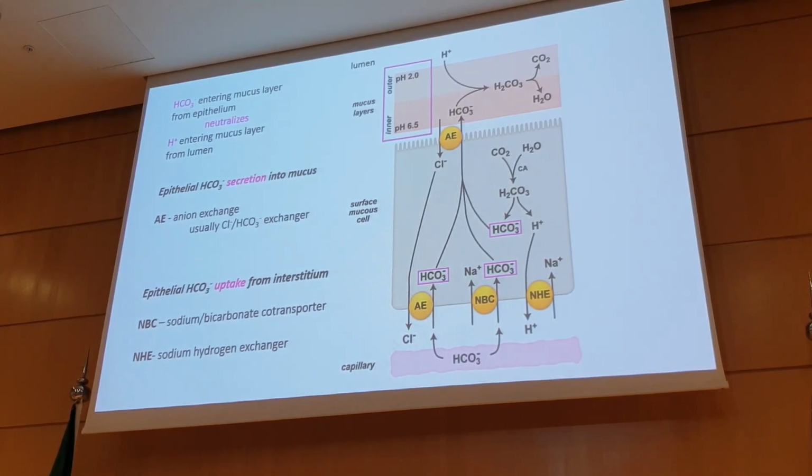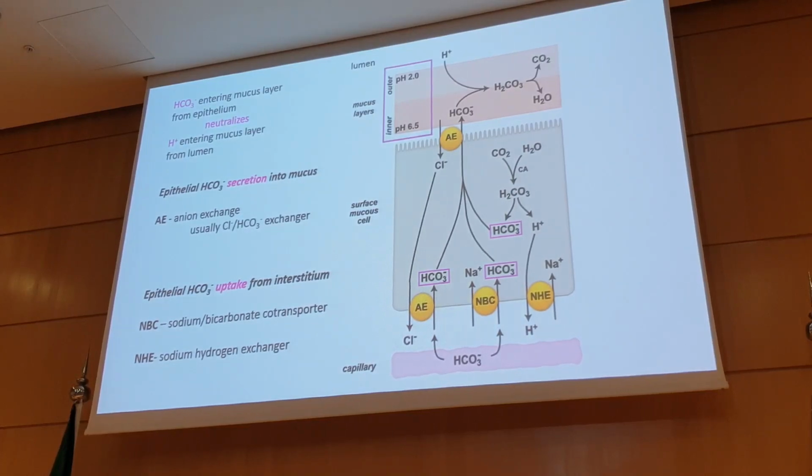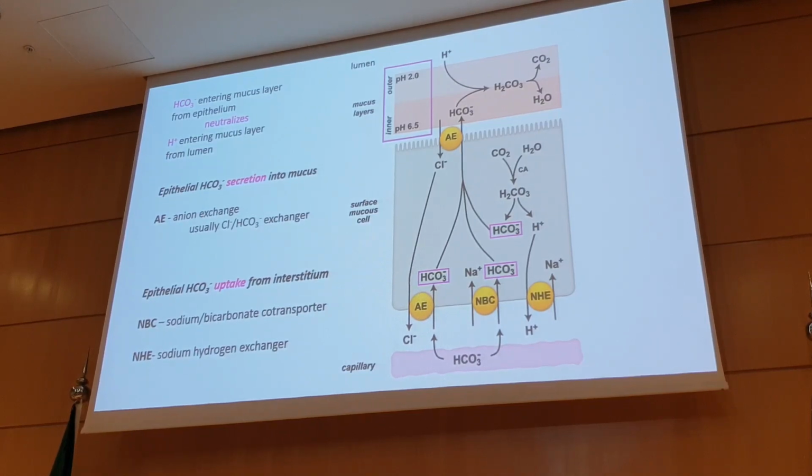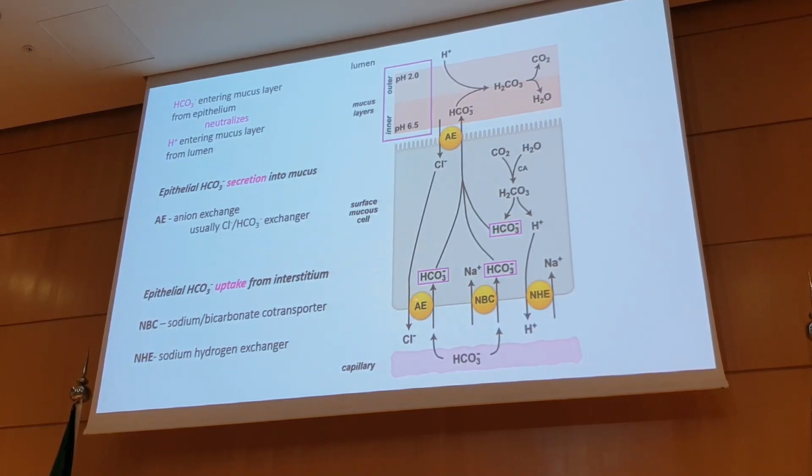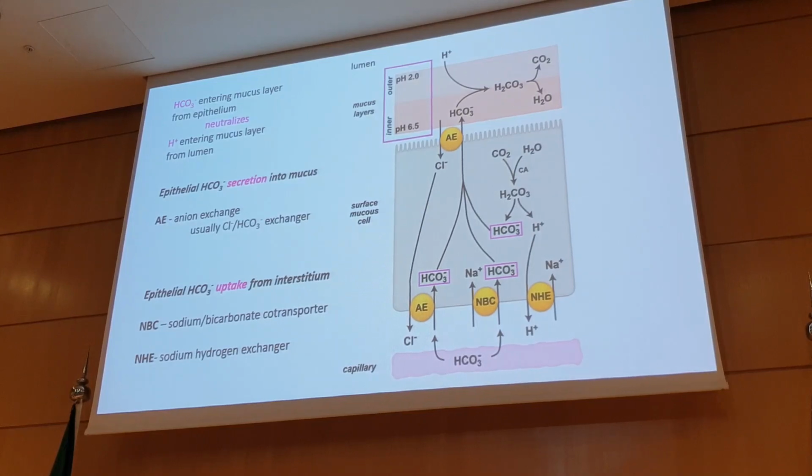Remember this? Anion exchanger. And when you have an exchanger, you're going to be exchanging the same charge, right? If it's a cation, you're going to exchange for another cation. If it's an anion, you're going to exchange for an anion. And I think you'll see this here. Here's the same thing, anion exchanger. Here, you're exchanging sodium for hydrogen.